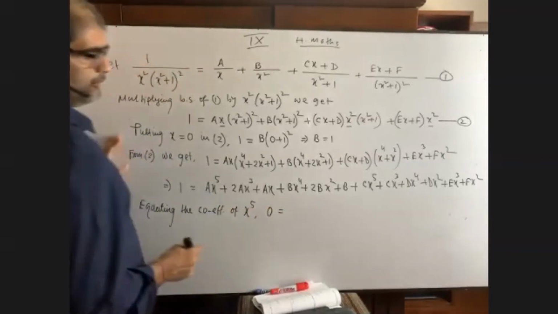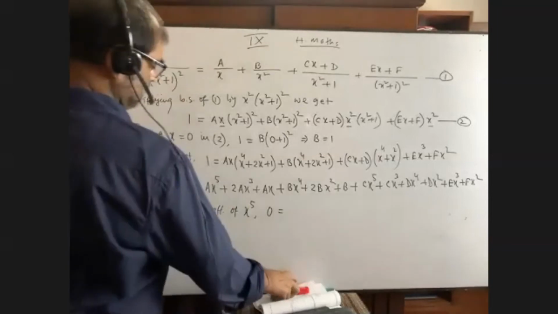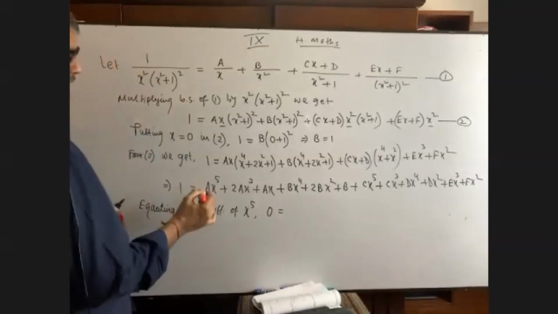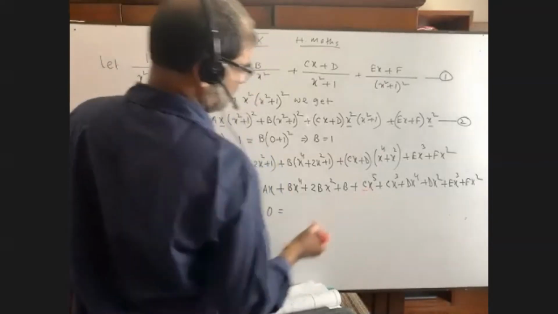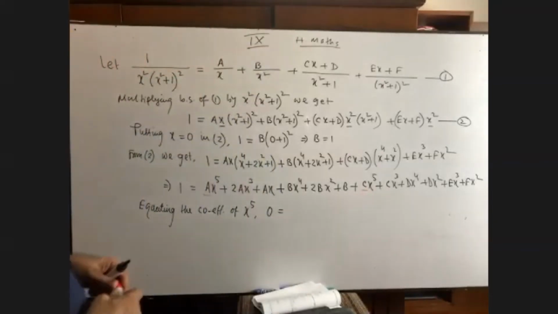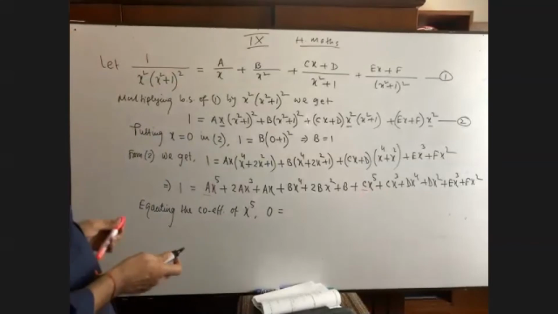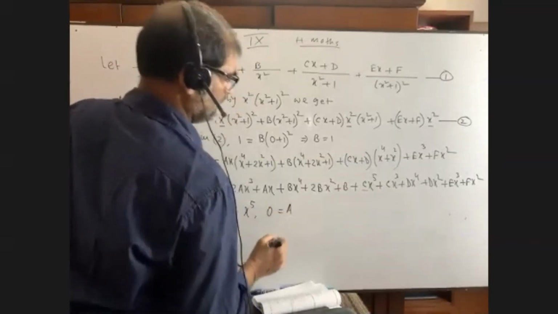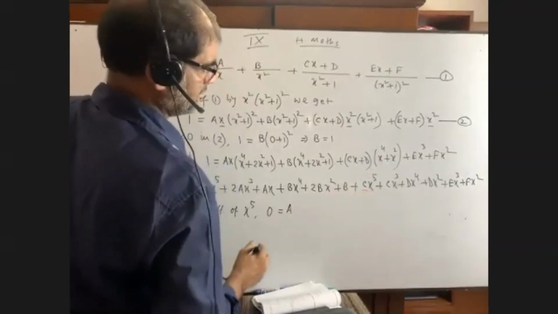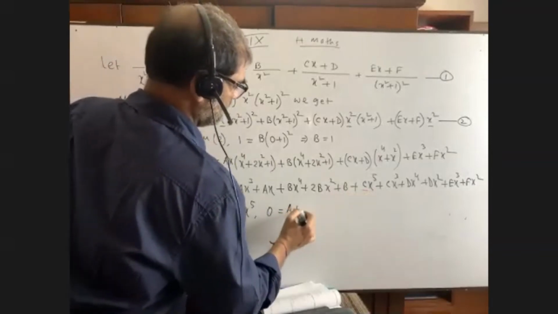Where are we getting x to the power 5? We are getting x to the power 5 here and here: a, and here it is c.